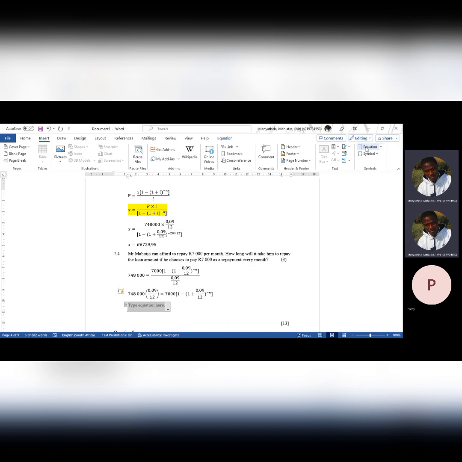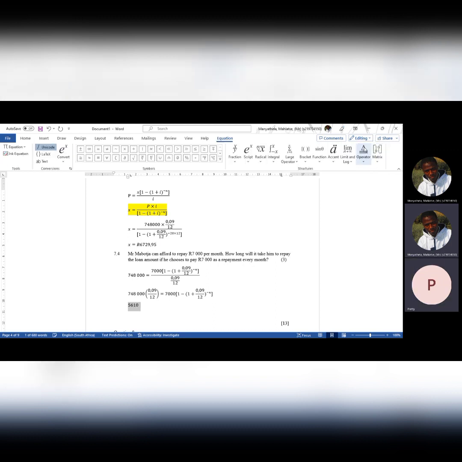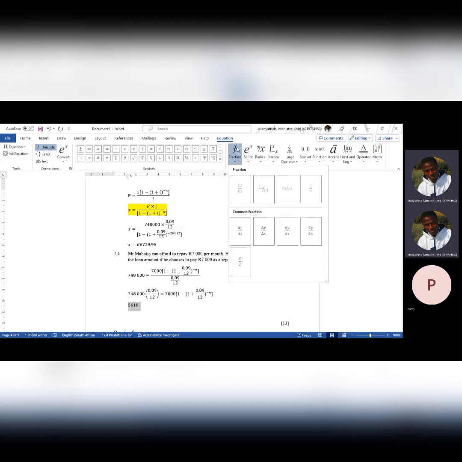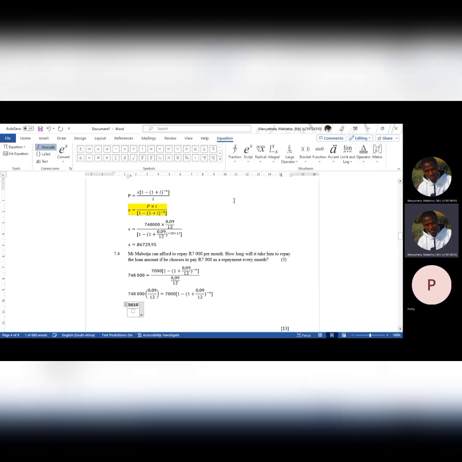It equals 5,610, and then this side we divide by 7,000.